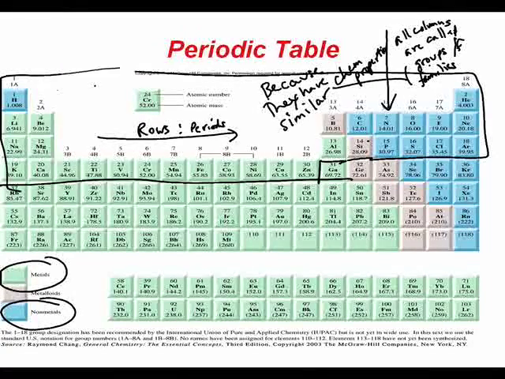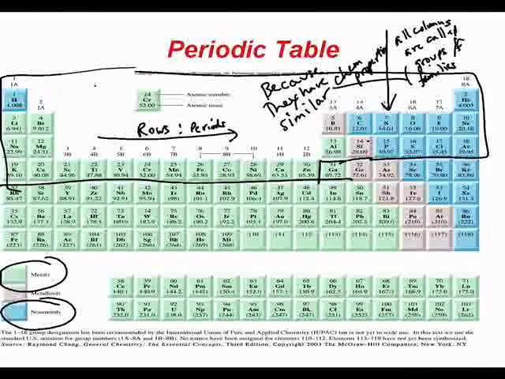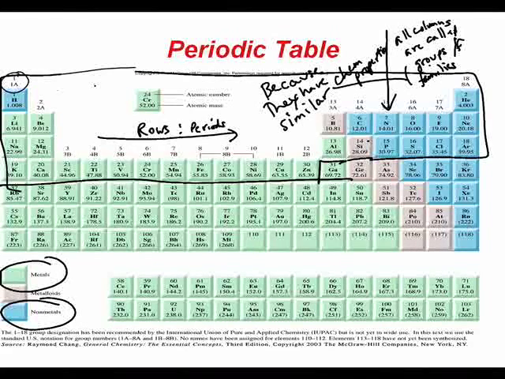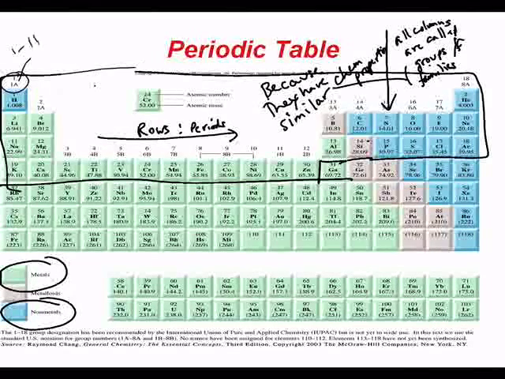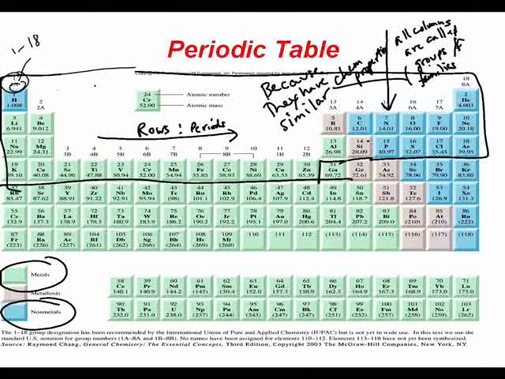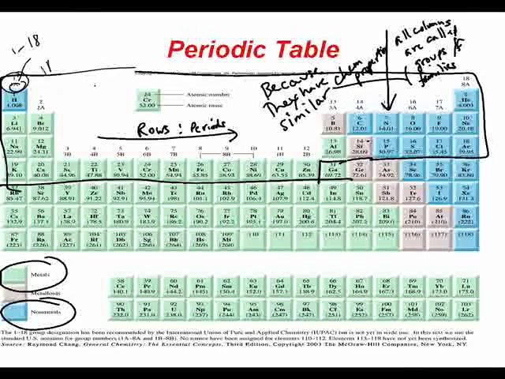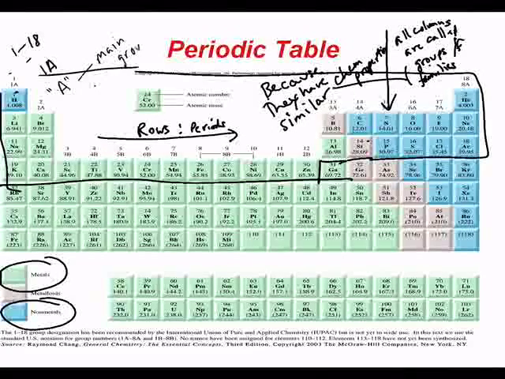Okay. The way we note them is either by Arabic number, the 1 through 18, or you'll also see Arabic with a letter. For example, 1A, which you can always see since I've written over it. Okay, and the A's are main group elements. The B's, see these guys are all B's right here.